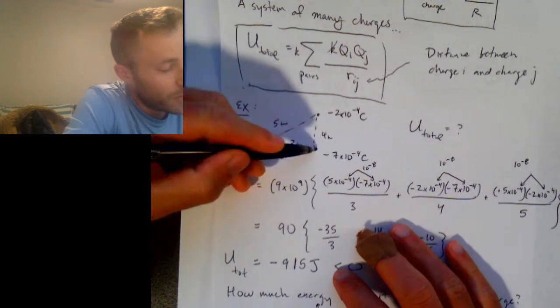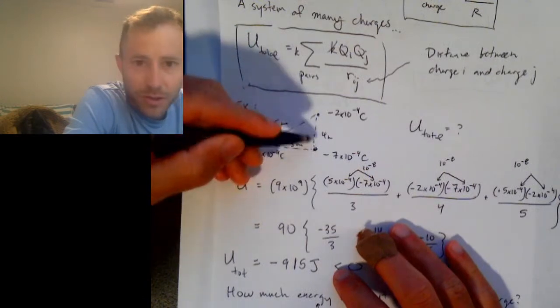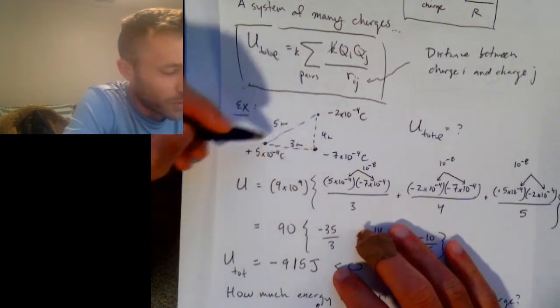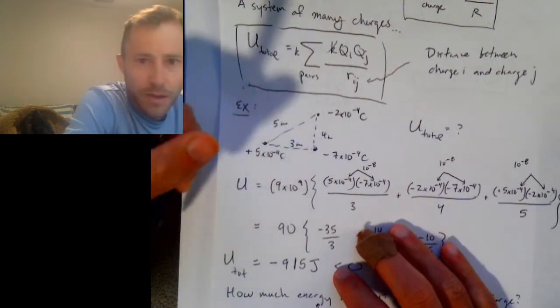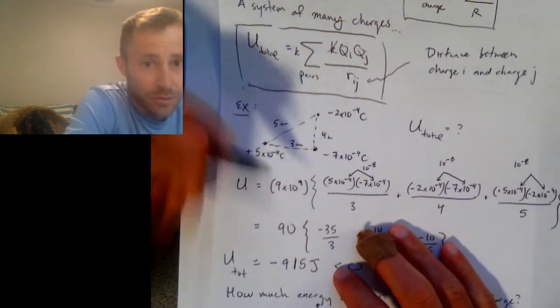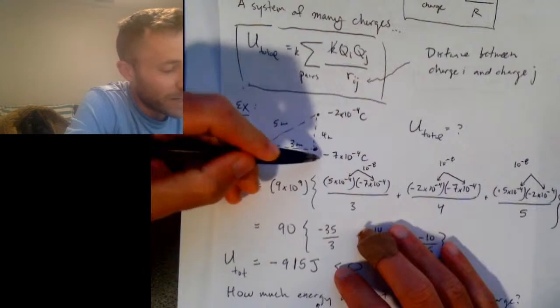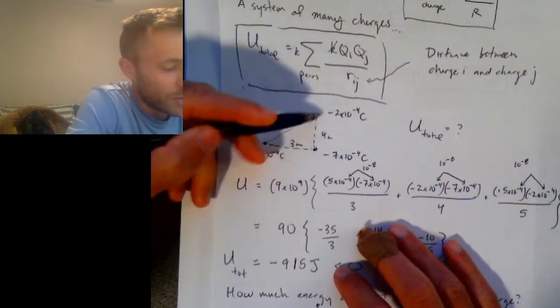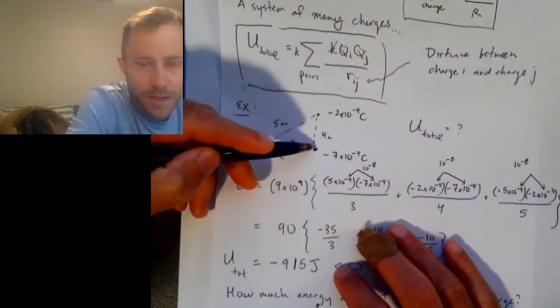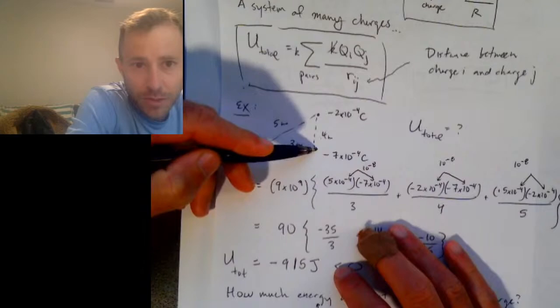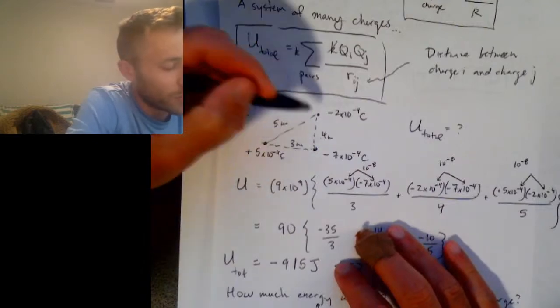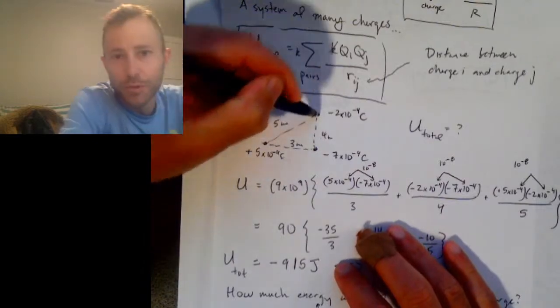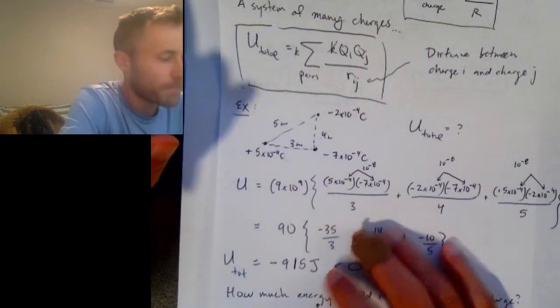The repelling charge is closer, 4 meters away versus 5 meters away, and the repelling charge is bigger in magnitude, negative 7 versus 5. So this charge is closer and bigger in magnitude, and so the result is that this charge is going to get pushed away.